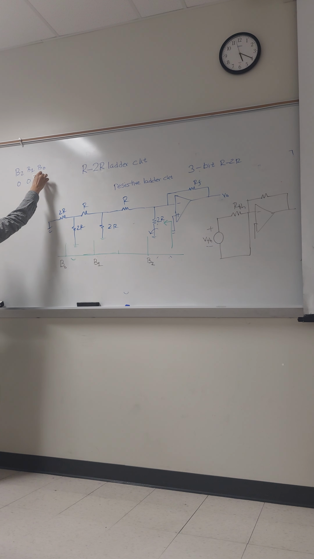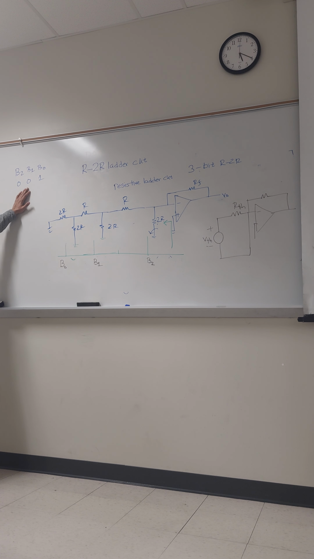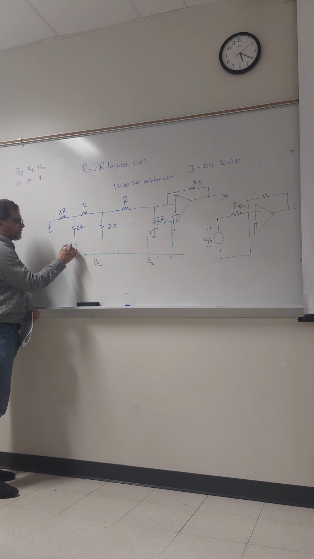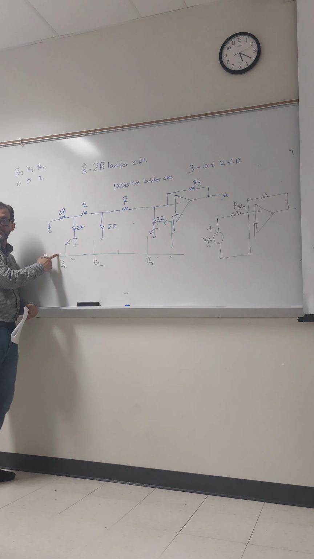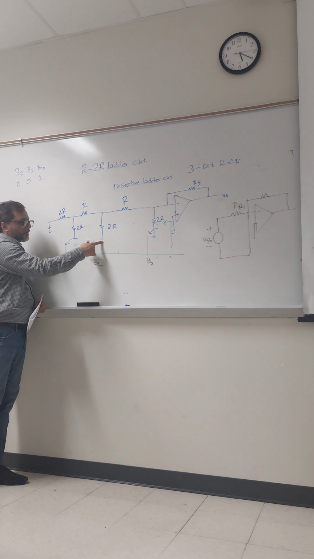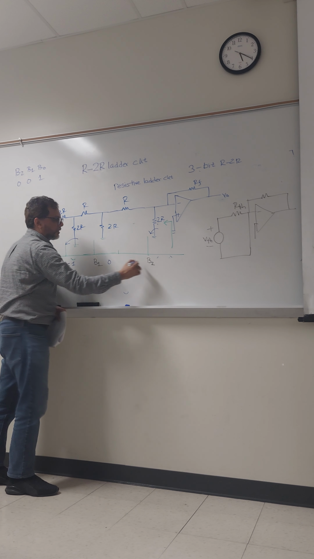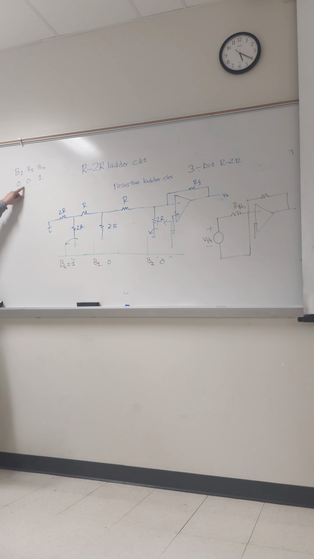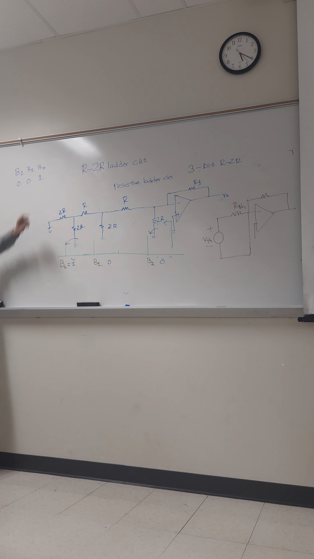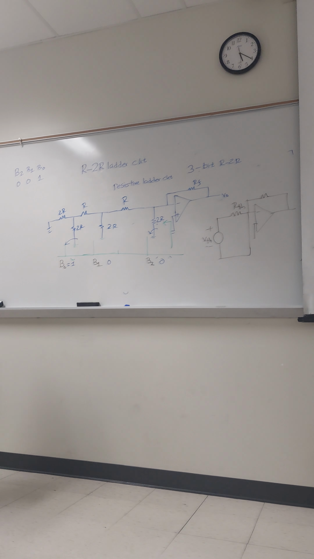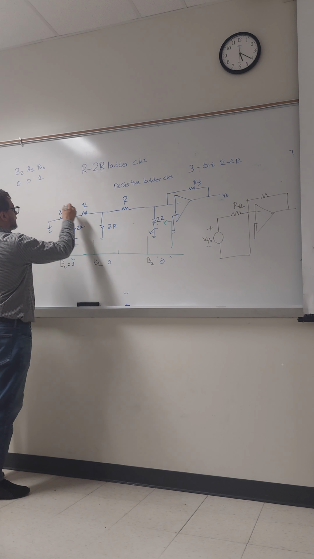For example, we have this code, 001. So 001 means what? B0 is 1, so this will connect to the reference voltage. This is connected to the ground, this is connected to the ground, because we have 0, 0. So if it is like that, we have to calculate the Thevenin voltage for this circuit starting from here.